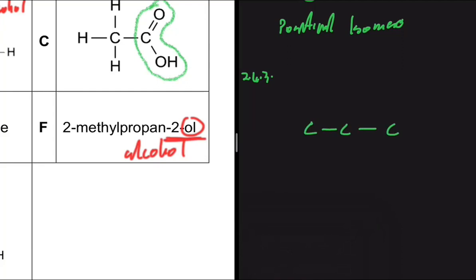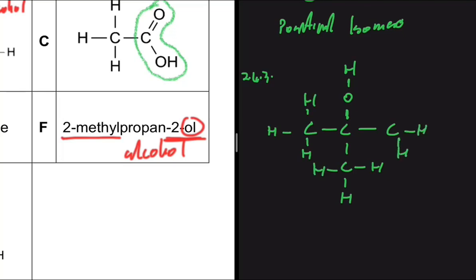This 2-ol tells us that the OH is on the second carbon. So let's have that OH right here. And then this 2-methyl, we have a branch on the second carbon. So we're going to have 1 carbon there, and then we're just left with the hydrogens, and we have the structural formula of compound F just like that.